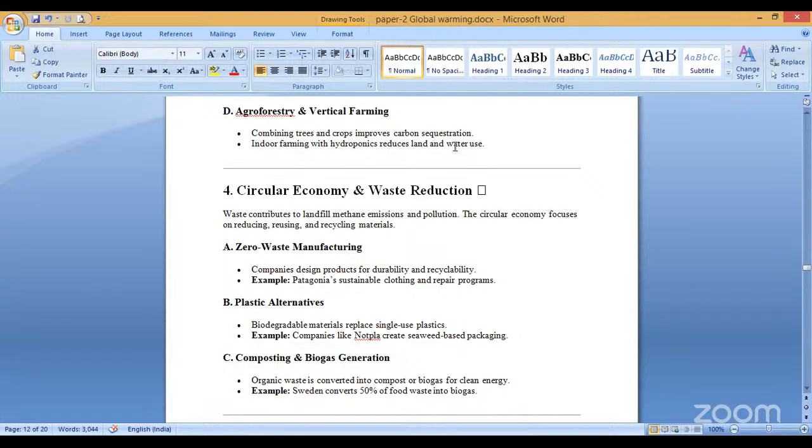The circular economy focuses on reducing, reusing, and recycling materials. In zero waste manufacturing, companies design products for durability and recyclability. For example, sustainable clothing and repair programs.